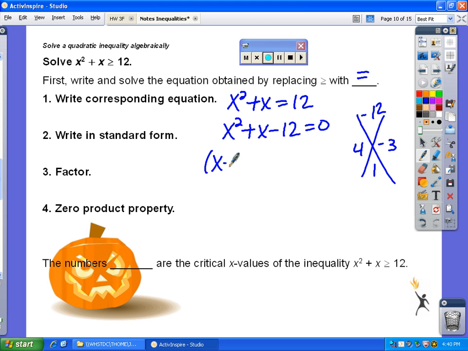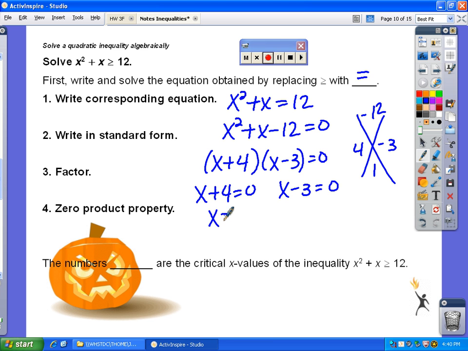So when I factor this, I'm going to get x plus 4, x minus 3 equals 0. Use the zero product property. So x equals negative 4 and x equals positive 3. These are called my critical values. So the numbers negative 4 and 3 are my critical values.